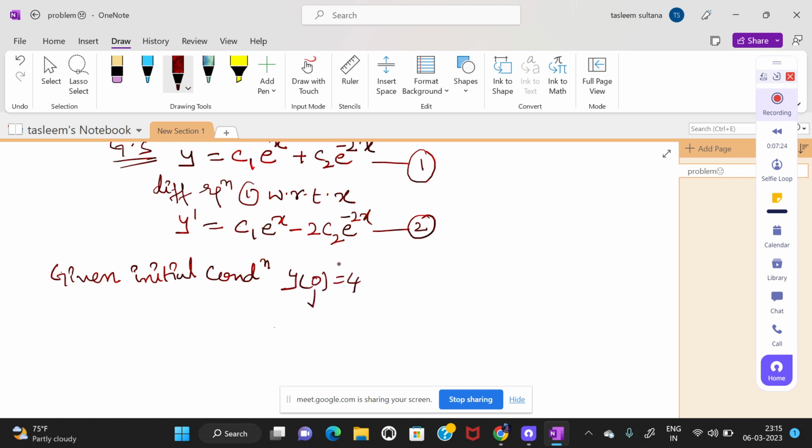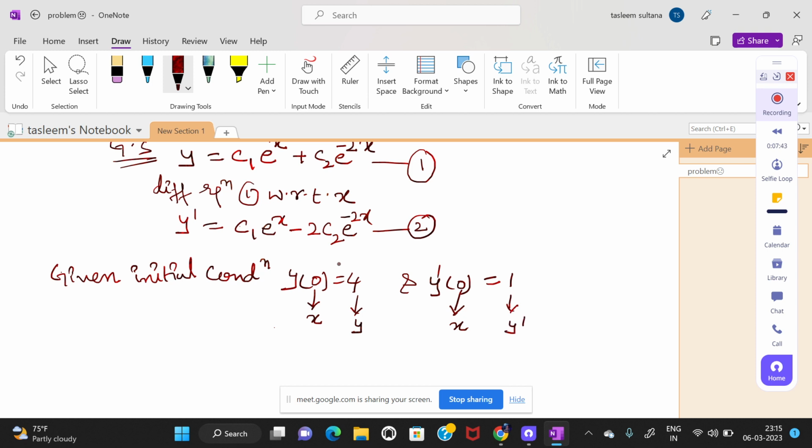That means this value stands for x and this value stands for y. Next condition they have given, y dash of 0 value is equals to 1. That means this value is for x and this value is for your y dash.